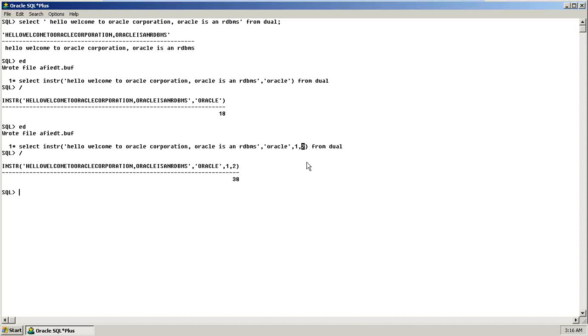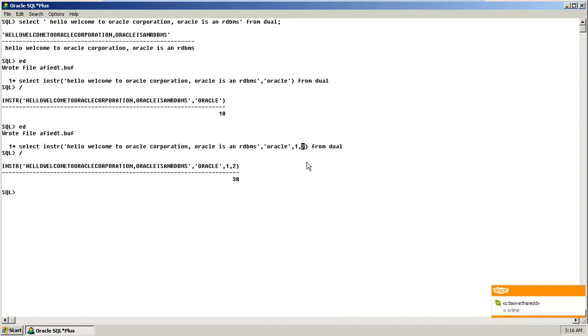If you give 2, it will find the second occurrence of the search string. If you give 3, it searches for the third occurrence. This function returns the numeric position of the search string within the given source string. This is the INSTR function, in string function.